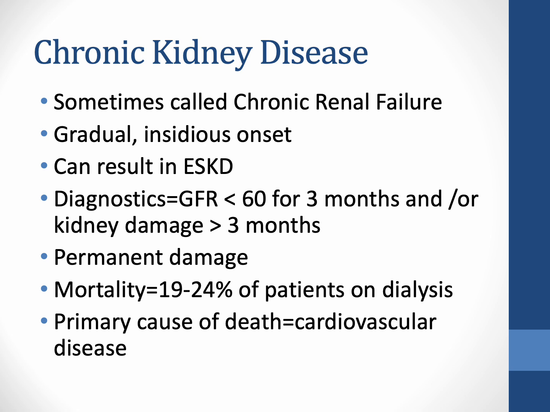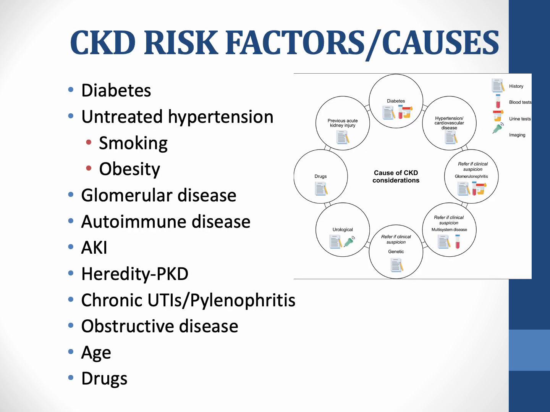The mortality rate for patients on dialysis ranges from 19% to 24%, with cardiovascular disease being the leading cause of death. 20 million Americans have kidney disease, 1 in 9 adults. Another 20 million are at risk.